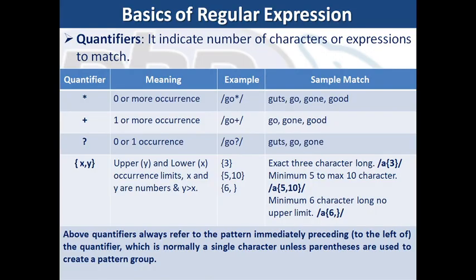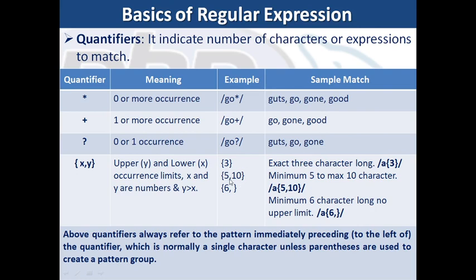Another quantifier is within curly braces where we put x and y, where y is the upper limit and x is the lower limit. If we put a single number, for example 3 in curly braces, it means exactly 3 characters long.